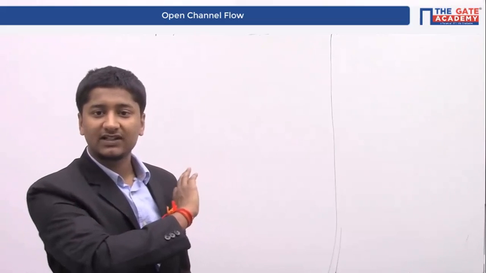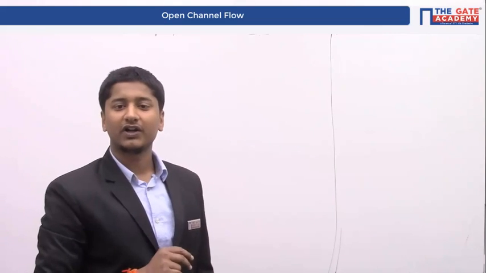It takes the practical parameters, practical error also, which is included, so it will give more realistic values. That is the reason Manning's formula is generally more preferred over Chezy's formula. So you get to know how we can connect these two formulas, how those constants are connected.